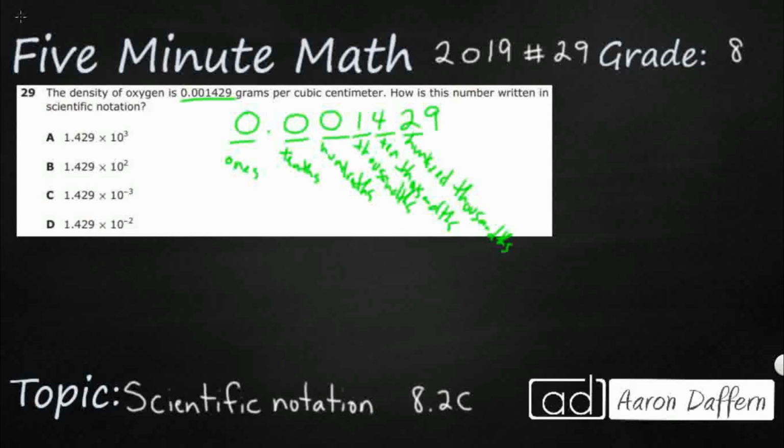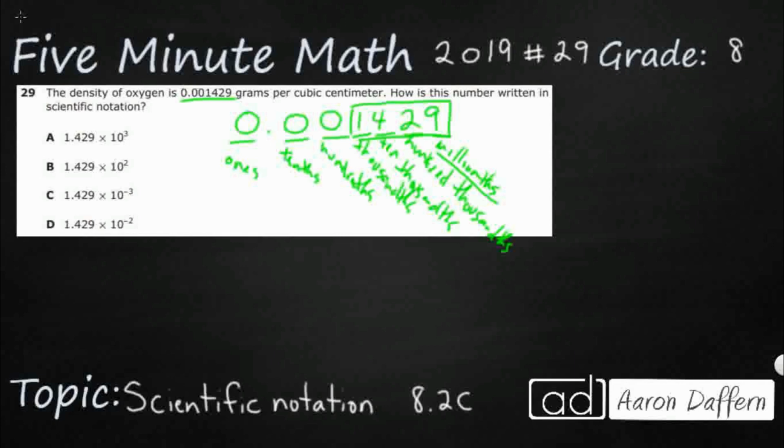So I can say it is now 1,429 millionths. You have to read this like its own number, 1,429, and then you have to use the place value. That's why it's kind of weird. 1,429 millionths. Very hard to visualize.